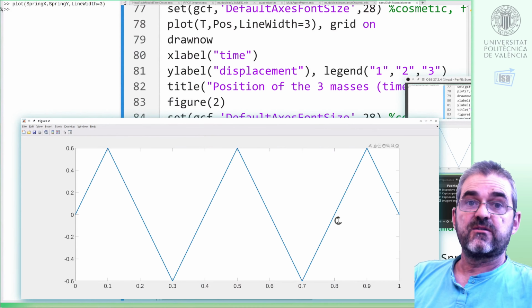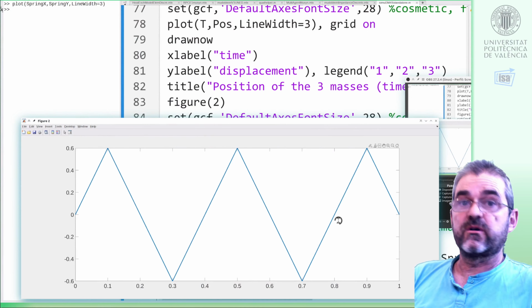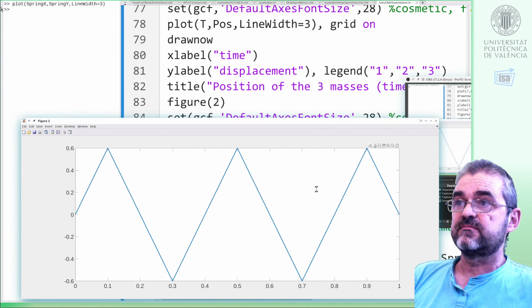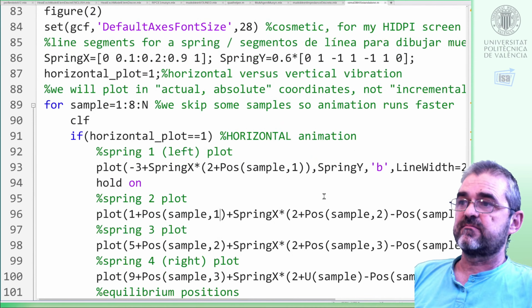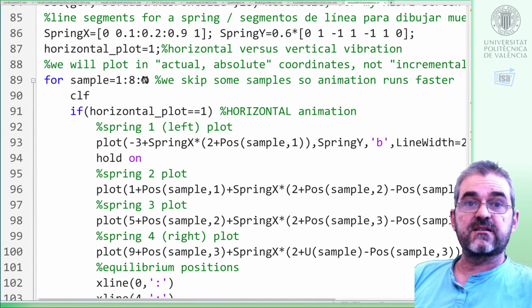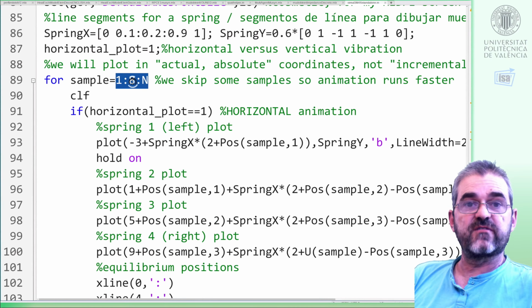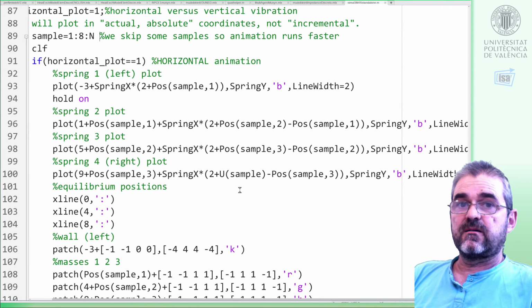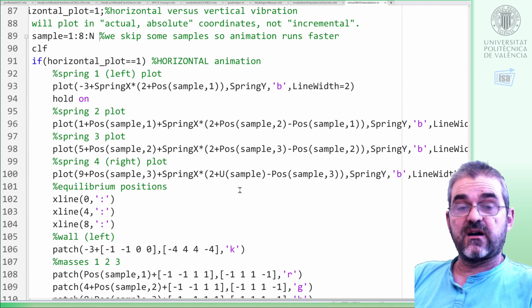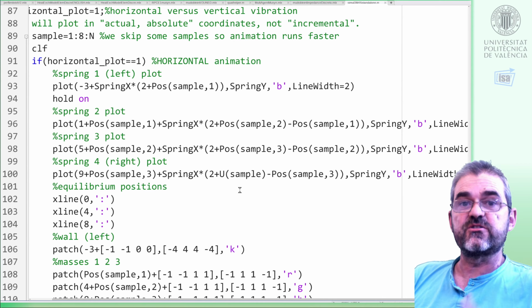Here we have it, so I will draw it longer or shorter depending on the length of said spring. And capital N is 8,000 samples I am simulating. I will simulate only 1,000 of them. I will skip every 7 out of 8 frames for this to run faster. And I will animate either horizontal or vertical vibrations.